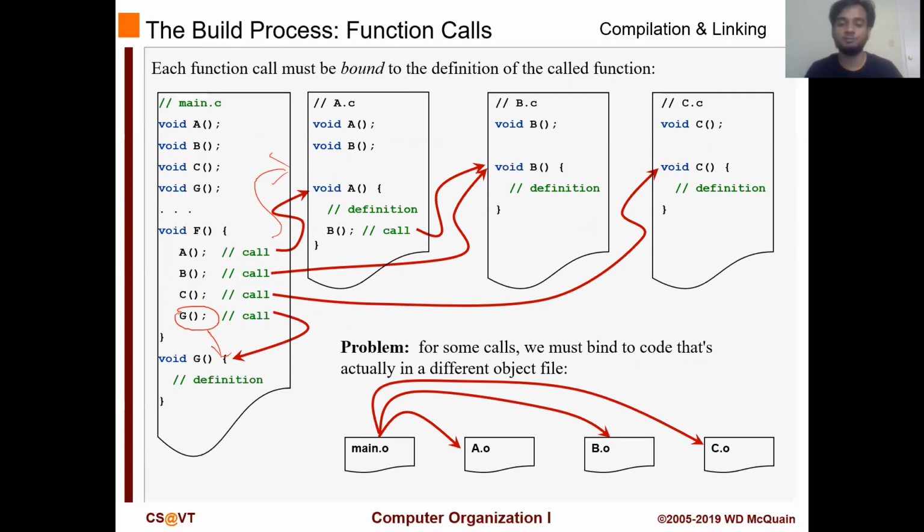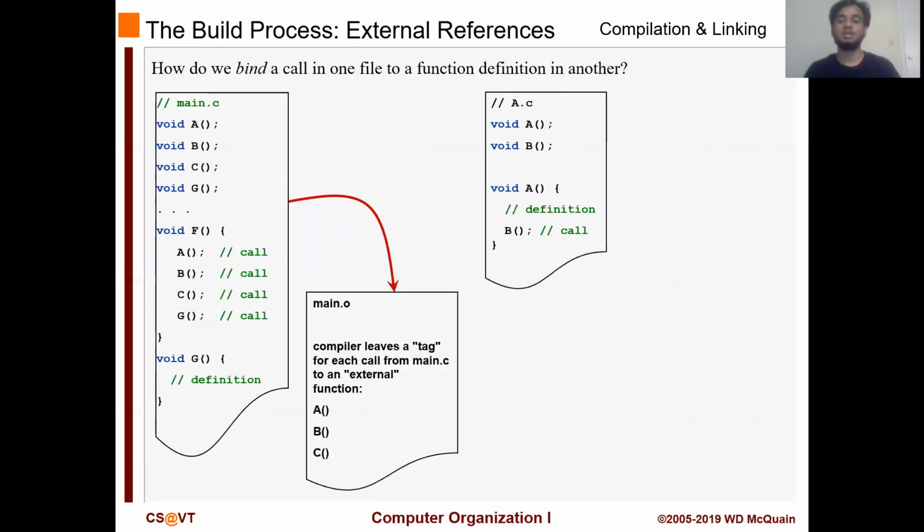Okay, so there is a problem. For some calls we must bind to code that's actually in a different object file, and that's how most projects will be. They will not be in the same file, they might be in different files like a.c, b.c, c.c. That part is taken care of by the compiler, but you have to tell the compiler where that file is.